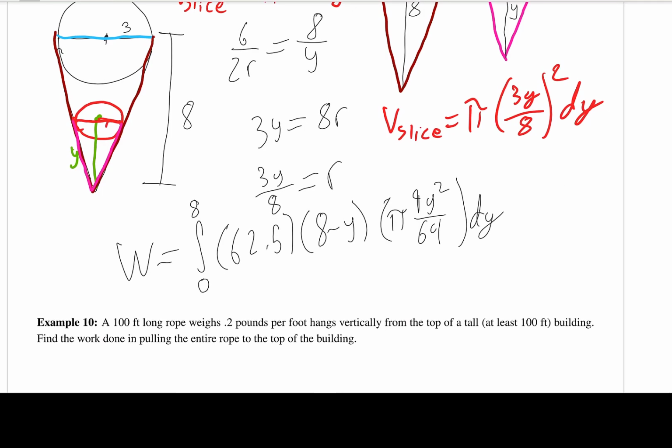And then calculating that out, that should give you approximately 9424.78 pounds per foot. Okay?